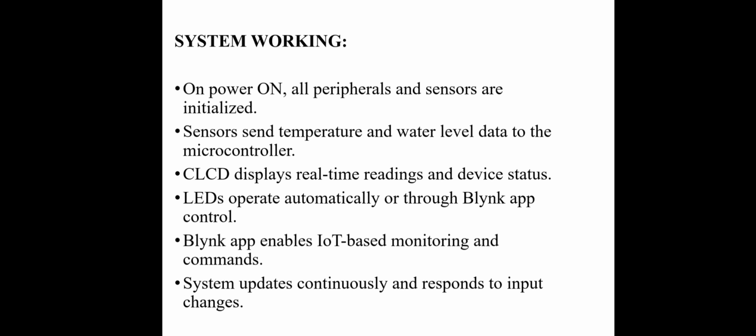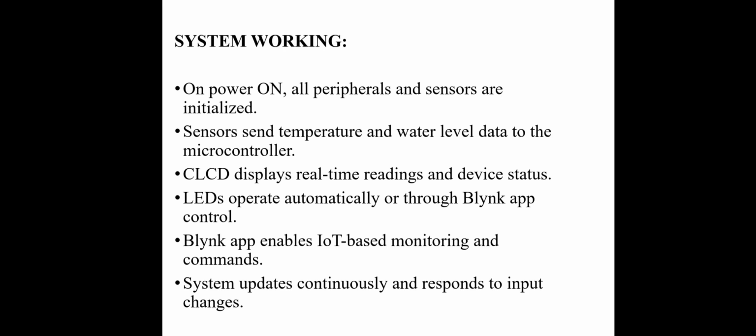When the system is powered on, the microcontroller initializes all the peripherals and sensors. It then starts reading data from the temperature and LDR sensors continuously. The CLCD displays real-time information such as current, temperature, and system status. Based on sensor values, the microcontroller automatically switches devices on or off.